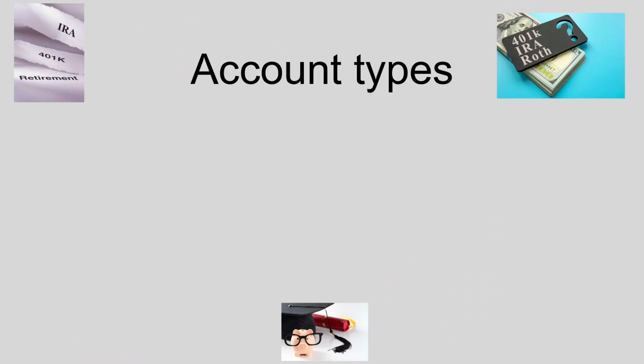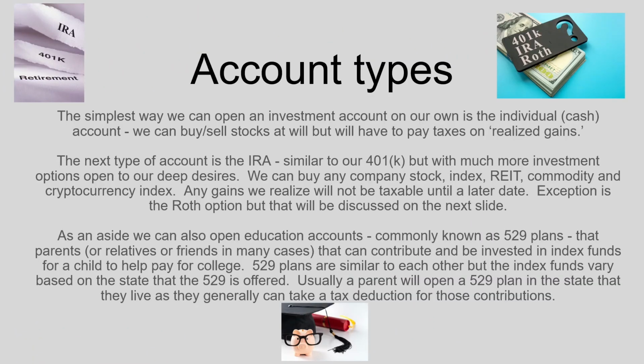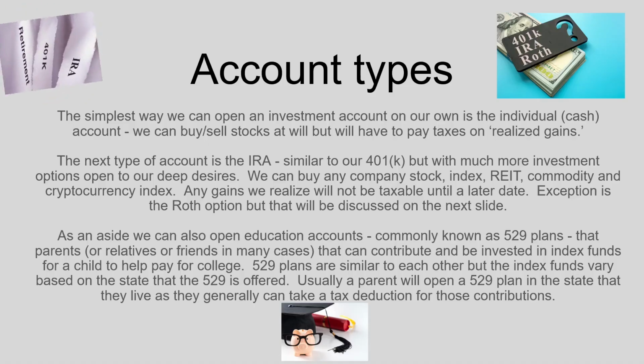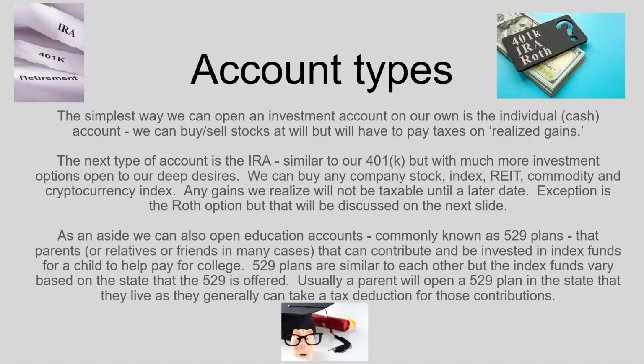So account types. The simplest way we can open up an investment account on our own is the individual cash account. We can buy and sell stocks at will, but we'll have to pay taxes on realized gains. The next type of account is the IRA. It's similar to our 401k, but with much more investment options open to our desires.